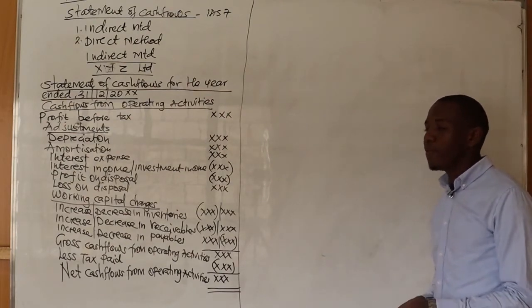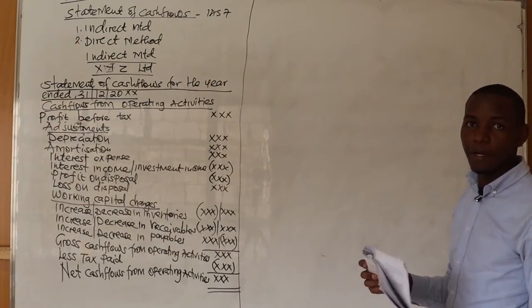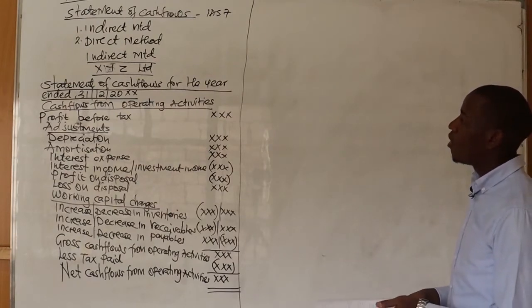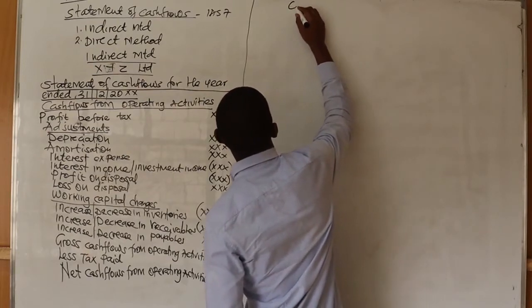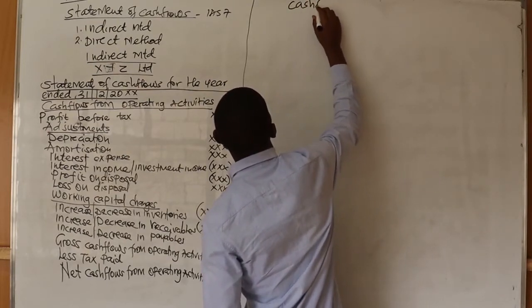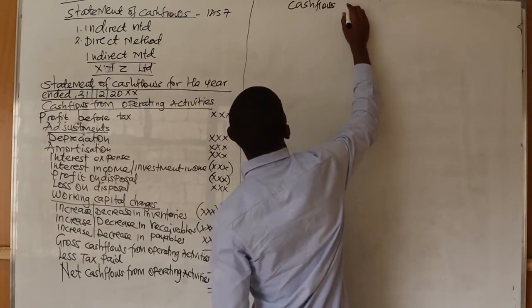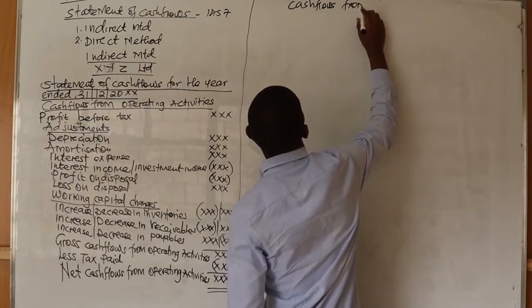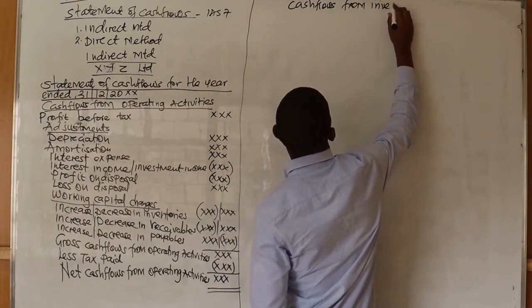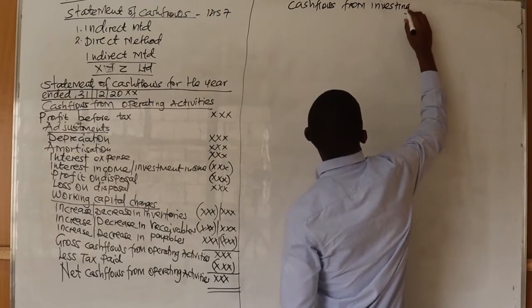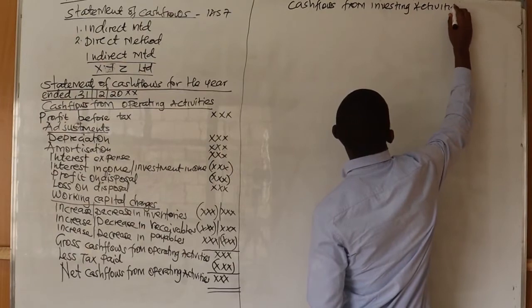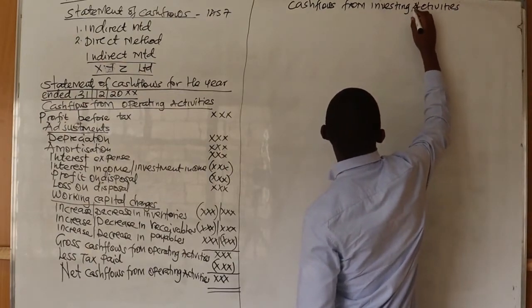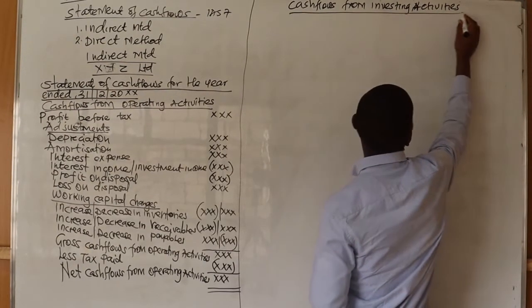So once you're done with the cash flows from operating activities, now you'll be able to go to the cash flows from investing activities, not financing but investing activities.